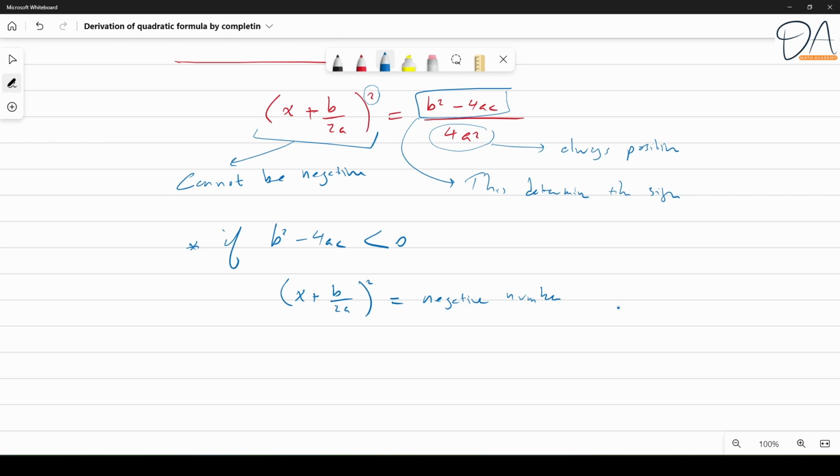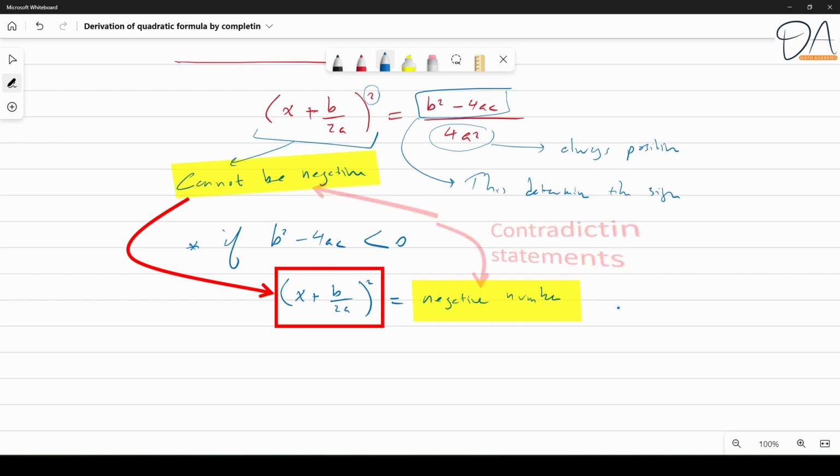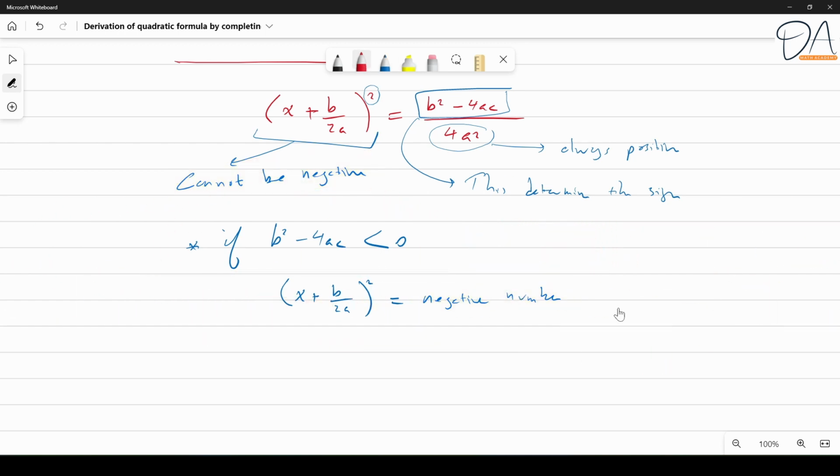This equation is saying that we are looking for a number that, when you square it, gives you a negative number. As we said, the left-hand side cannot be negative. It doesn't matter what the numerical value in the parentheses is, this cannot be negative. And the right-hand side is a negative number. So this is impossible, we cannot find a real solution. So in this case, there is no real solution.